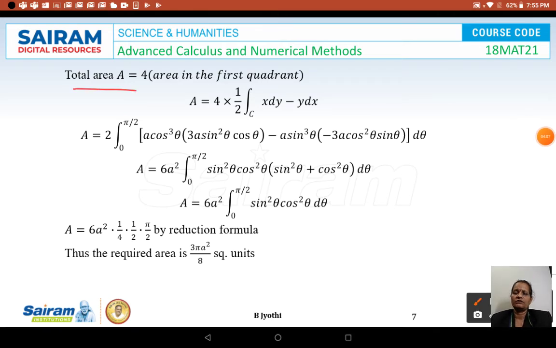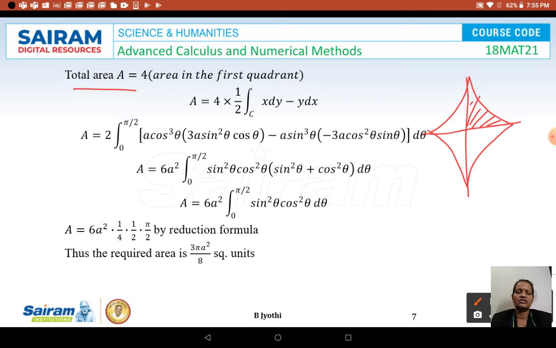We can observe the total area is given by 4 times the area of the first quadrant. The diagram was like this. Only this area, if we determine, we can multiply by 4 because it is symmetrical.